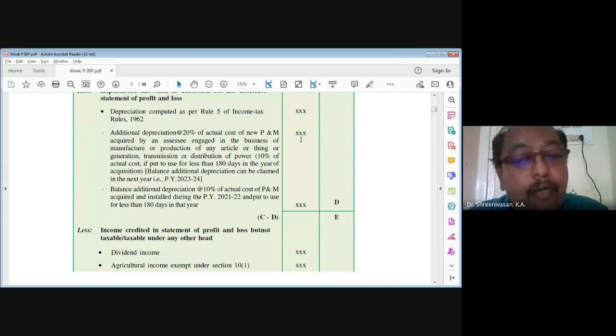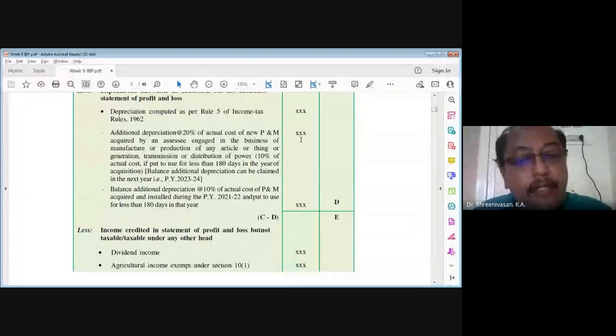If it is put to use for at least 180 days, you can claim 20% of the actual cost, or in the case of power generation, 10% of the actual cost. That claim can be deducted.